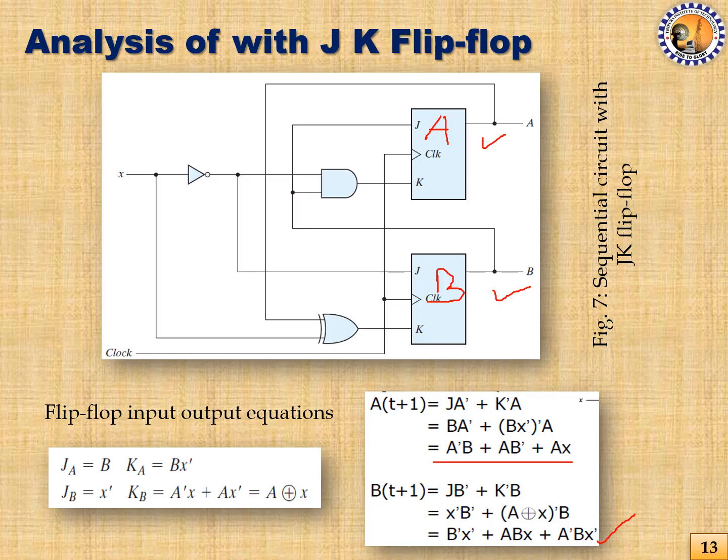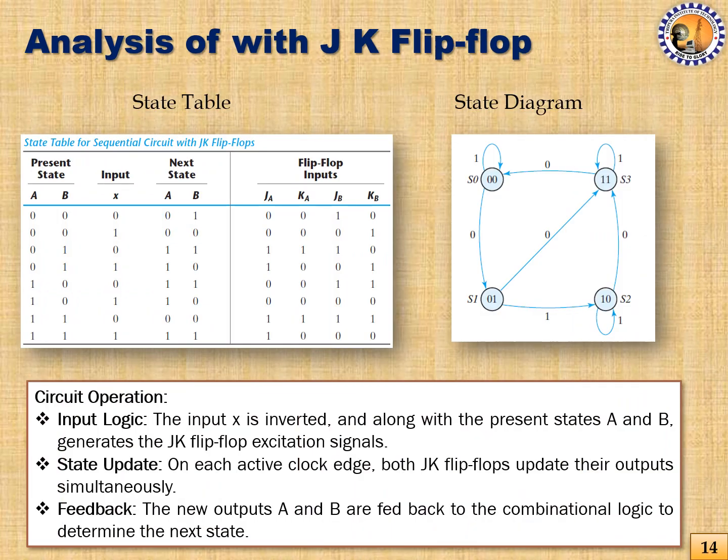From there, like the previous examples, we can find out the expressions, and thereafter we can find out the flip-flop inputs based on the state table, and from here we can work out the state table and state diagram as has been done in previous cases.